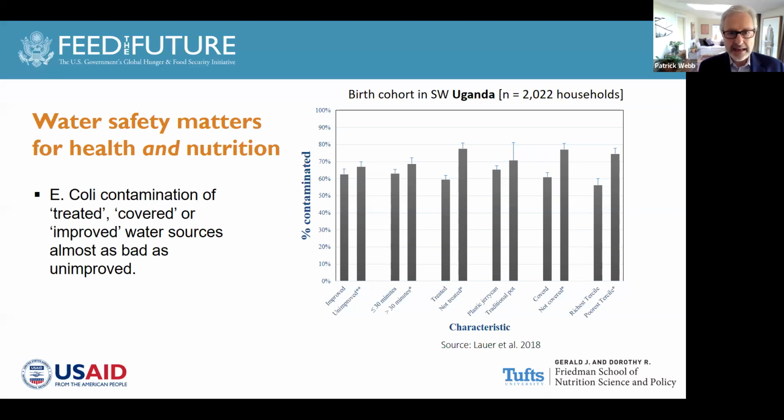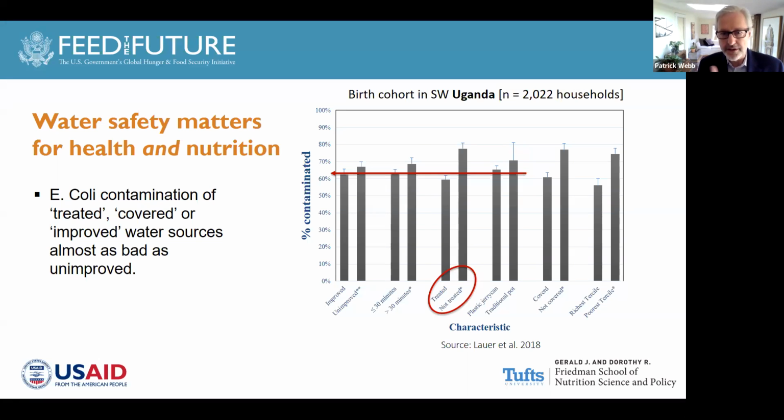Because access to water has improved over time through a variety of interventions, through wells and boreholes, covered wells, uncovered wells, improved pipes, and so on. Next slide. What we see, though, sometimes in direct treatment of water sources, or improved or unimproved types of water access, you're still seeing roughly 60% of the water access in this particular location in Southwest Uganda having contamination, empirically contamination with E. coli, right?